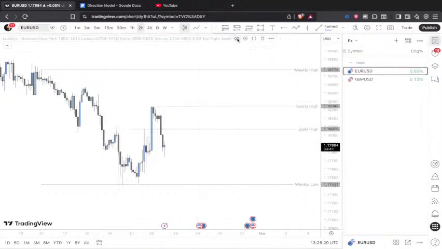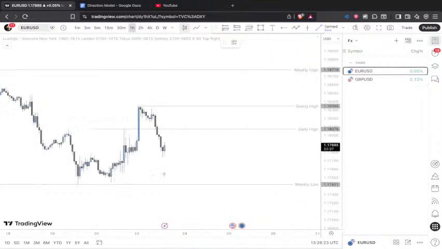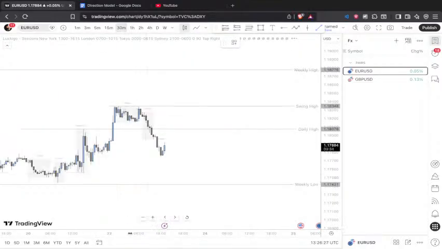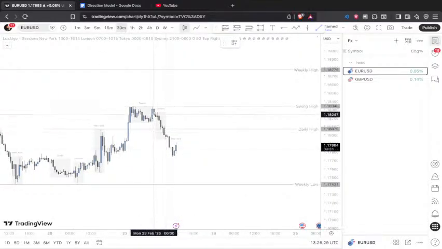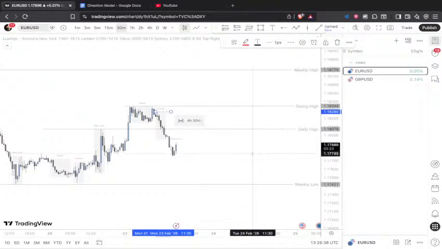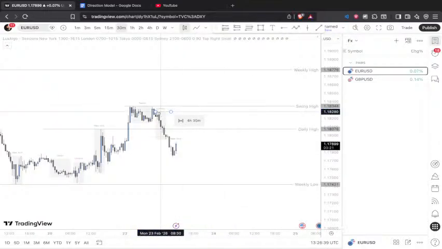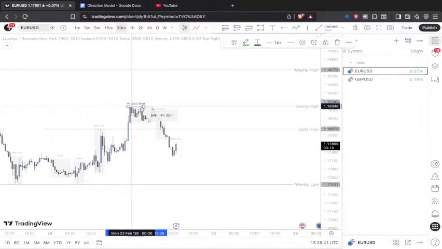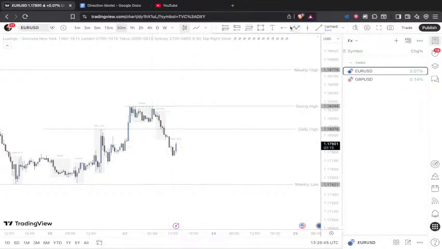So that's external liquidity marked. Let's do a little bit of internal liquidity. Okay, so you have London highs, which is the liquidity pool. So look at that green. We have Tokyo highs. So we're basically determining whether or not this is going to be a reversal day or continuation.